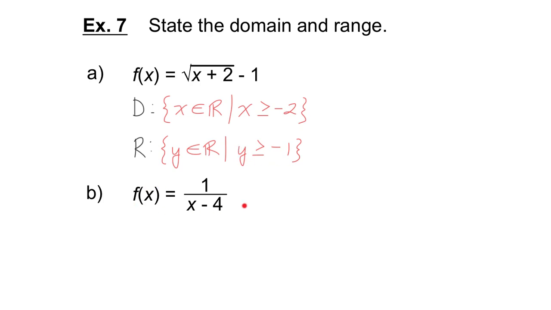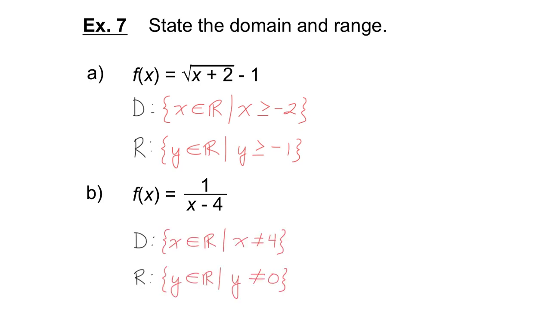Likewise, for this next function, this is a reciprocal function, except it's not 1 over x, it's 1 over x minus 4. You can't divide by 0, and that was the key to this one. So if that's the key, here's where that gets you. If you were to have x equal to 4, 4 minus 4 is 0.